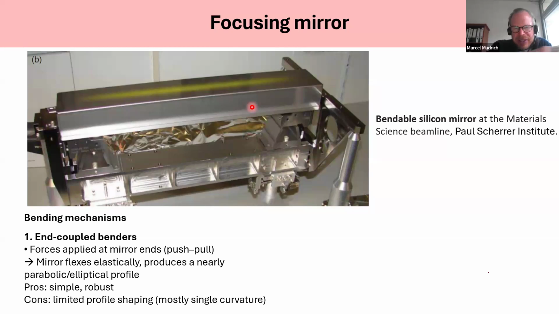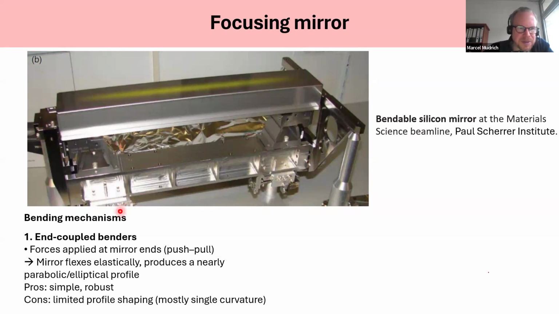Because we have seen this has to be grazing incidence anyway, so only a very shallow curvature of the mirror is enough to already change the focal length significantly.